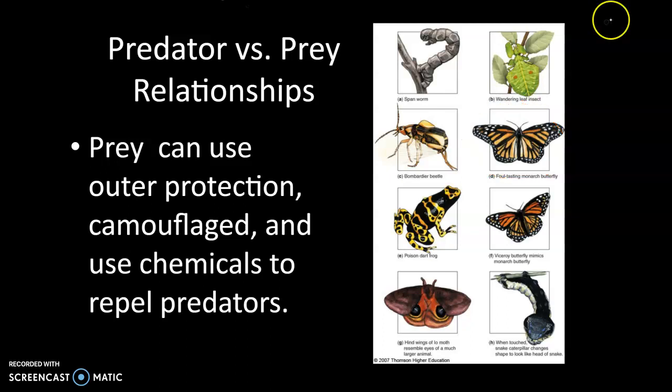But what's interesting is other butterflies will blend in or mimic monarch butterflies, like this one in F. They will look like monarch butterflies, and then they gain that same protection that is afforded to monarch butterflies, without being poisonous. It's kind of interesting. And again, this isn't a decision that's made in any immediate time. It just so happens to work out that the species that looked most like monarch butterflies had that same benefit.